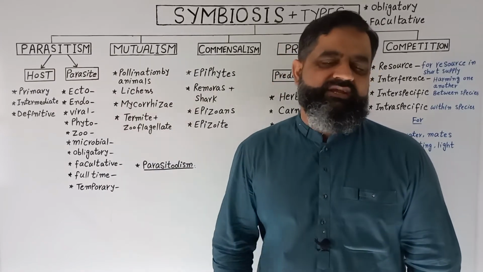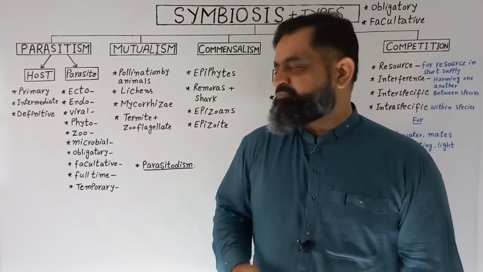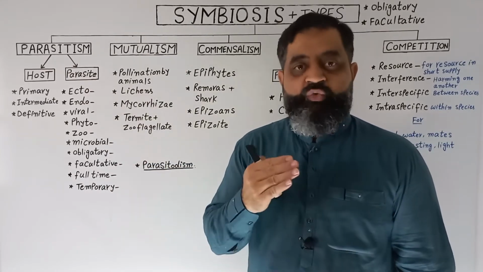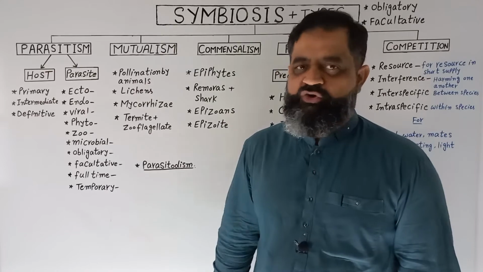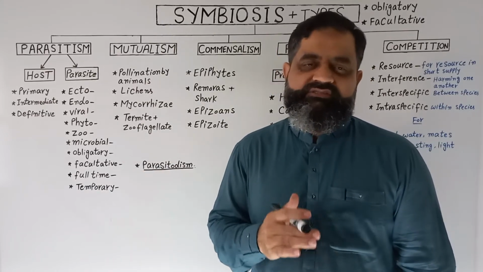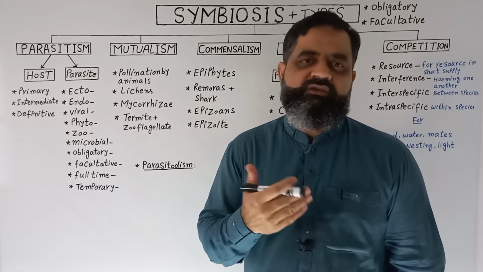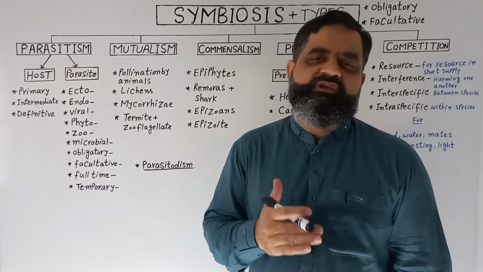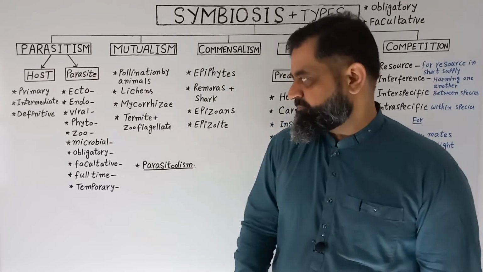Microbial parasites are bacteria, and obligatory parasites cannot live without a host. Those parasites are known as obligatory parasites. Facultative parasites are those which, if the host is available, can live on the body of the host, and if the host is not available, can live as free-living organisms.